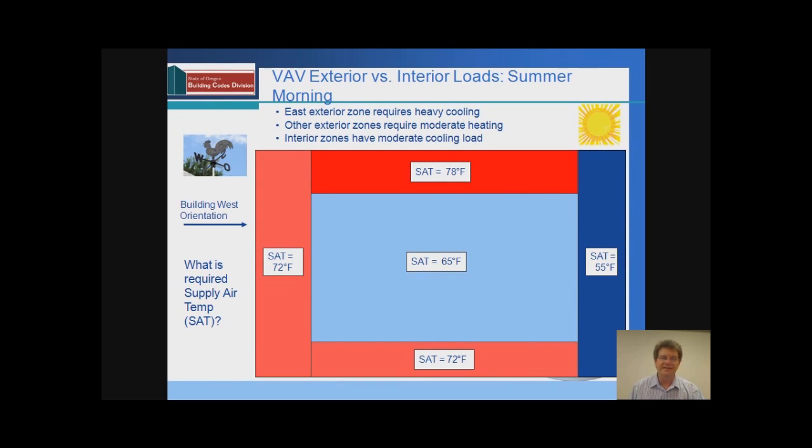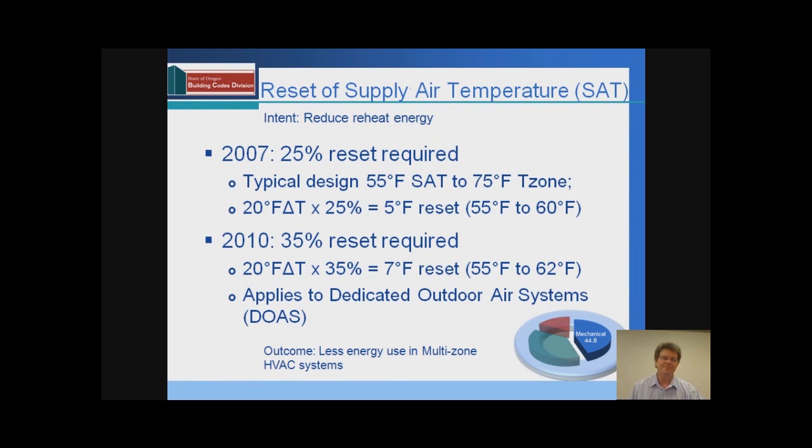Maybe it was a cool night, and then we've got less stringent heat requirements on the other perimeters of the building, and kind of a moderate temperature below set point just to moderately cool the interior of the building. So notice that we've got a difference in requirements in different parts of the building, and hence the system is going to have to respond to each of those areas.